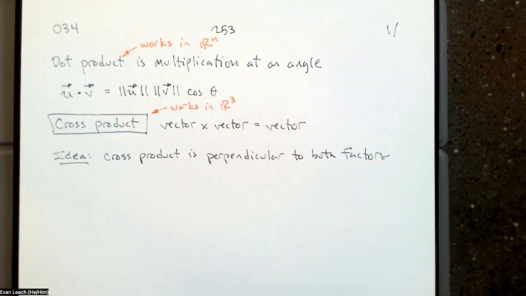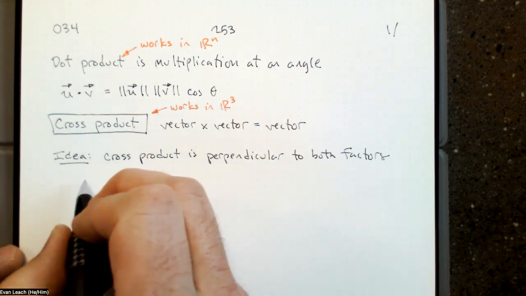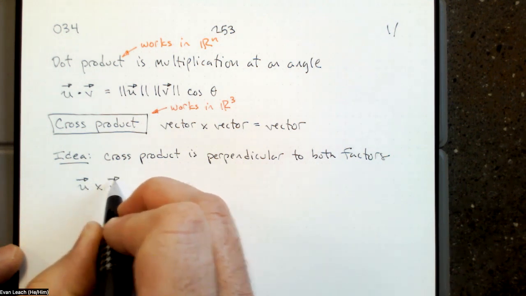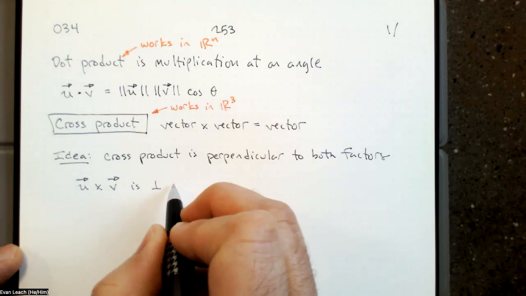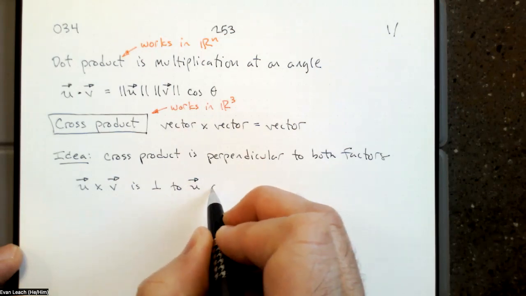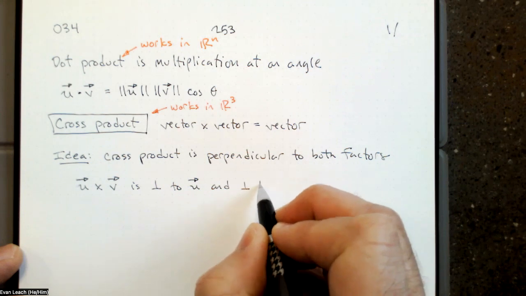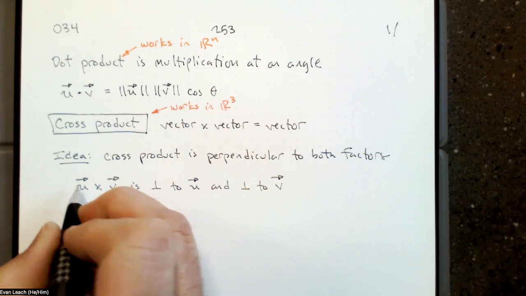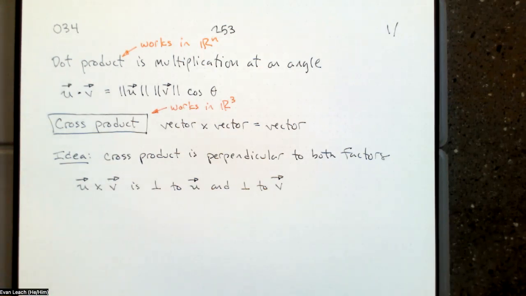So the cross product u cross v is perpendicular to u and perpendicular to v. The cross product will create a normal vector. So the cross product will be normal to the plane containing u and v.